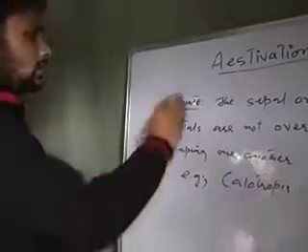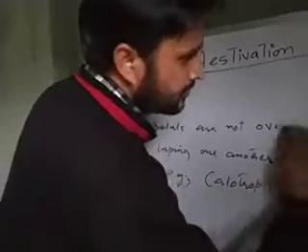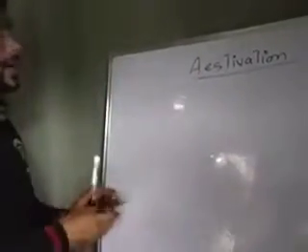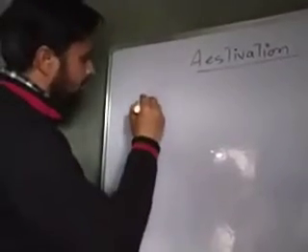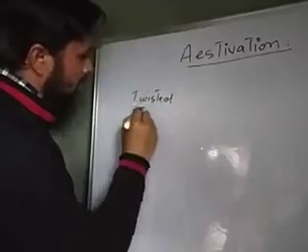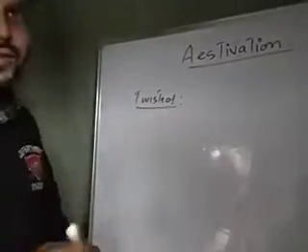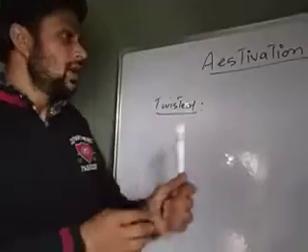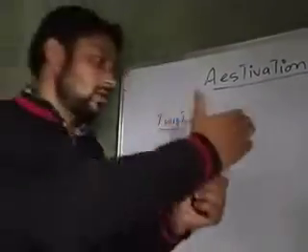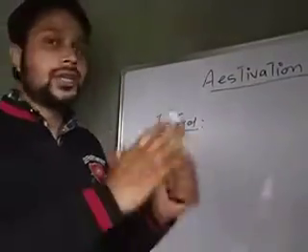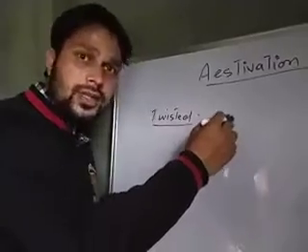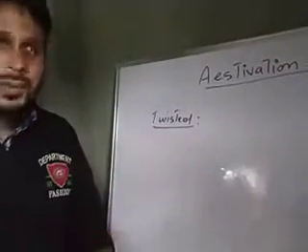Okay, now the next is twisted type of aestivation. Twisted, as the name indicates. In twisted type of aestivation, the floral appendages like sepals or petals are overlapping one another.